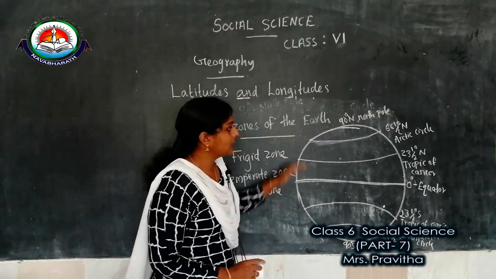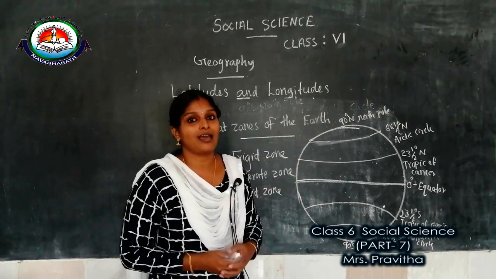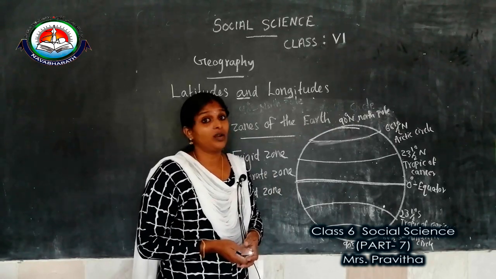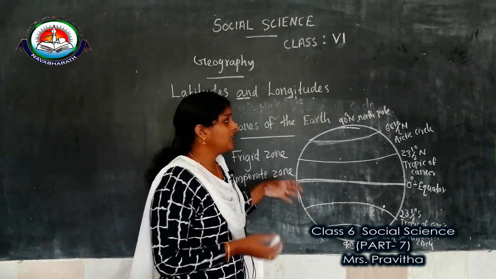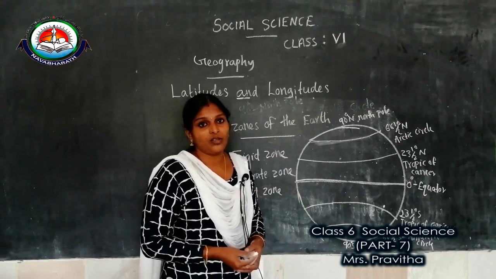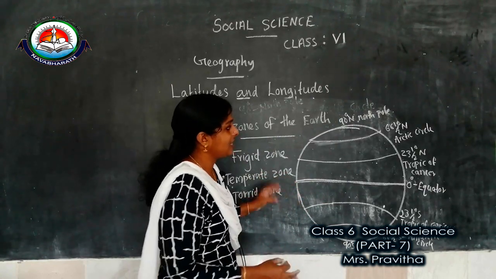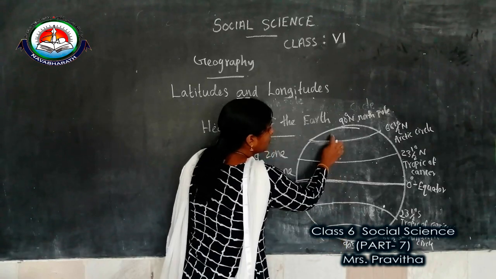Here they get very little sunlight, so this area is very cold. The polar regions are fully covered with ice. Frigid means cold, so this zone is known as the frigid zone.